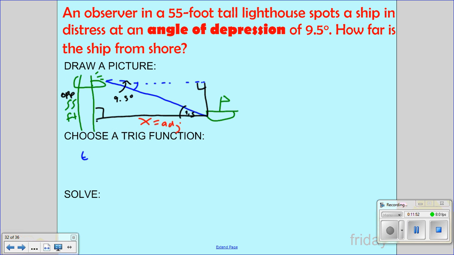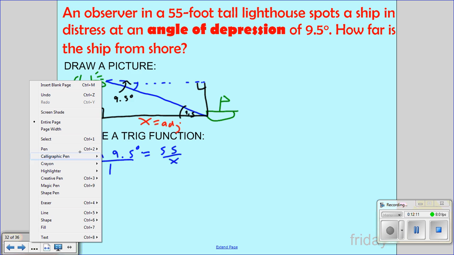So tan of 9.5 degrees is going to equal opposite, which is 55, over x, which is adjacent. Put tan 9.5 over 1, and now we cross multiply.